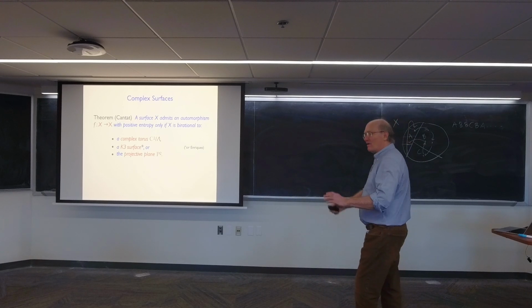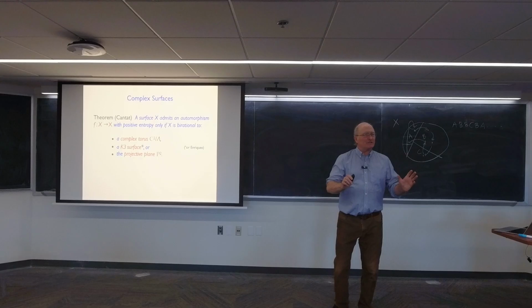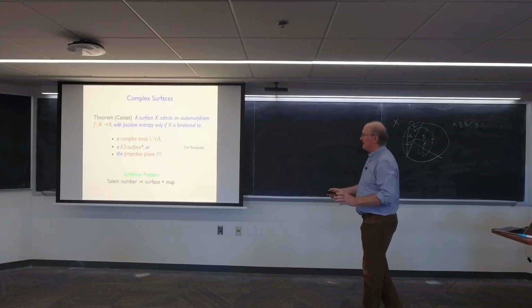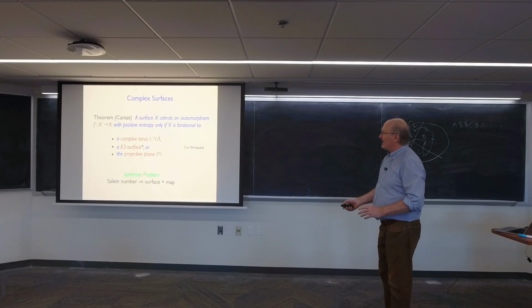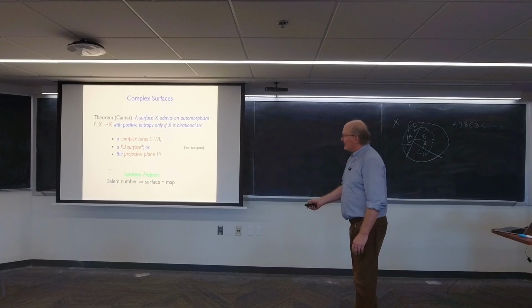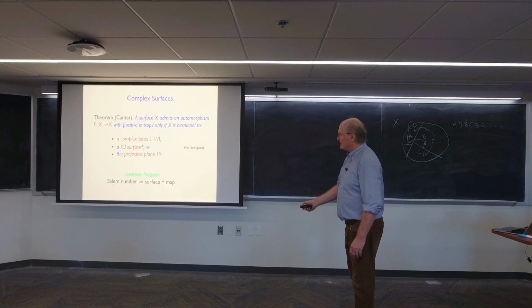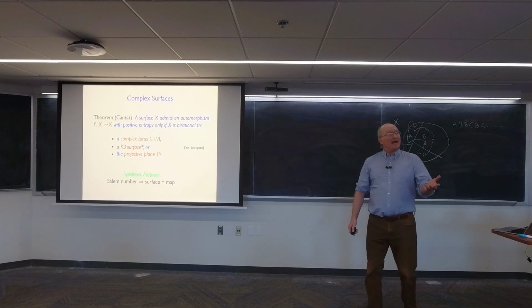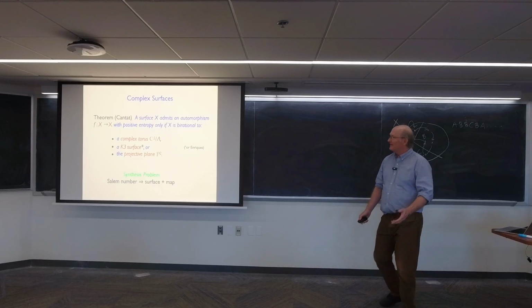Okay, so now I want to combine this result with the result I just mentioned to try to do the following. Somebody is going to give me a Salem number, and I'm going to try to construct from this algebraic integer a complex manifold and an endomorphism of it that has that as its entropy.